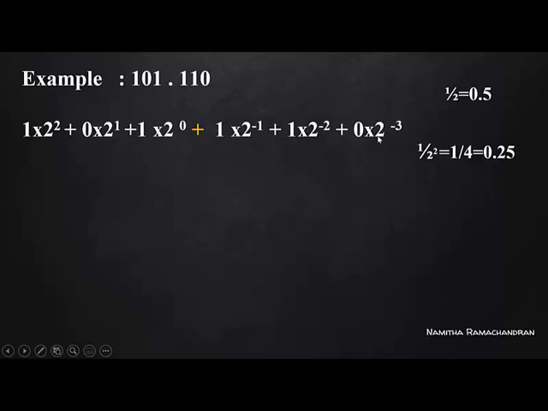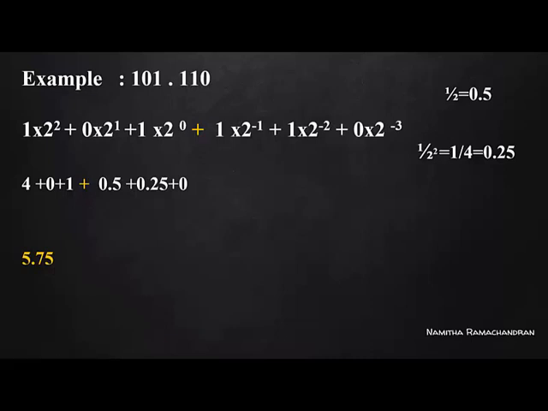The last term is 0 itself. After the addition, 4 plus 0 plus 1 plus 0.5 plus 0.25 plus 0 is 5.75. So the decimal equivalent of the binary number 101.110 is 5.75.